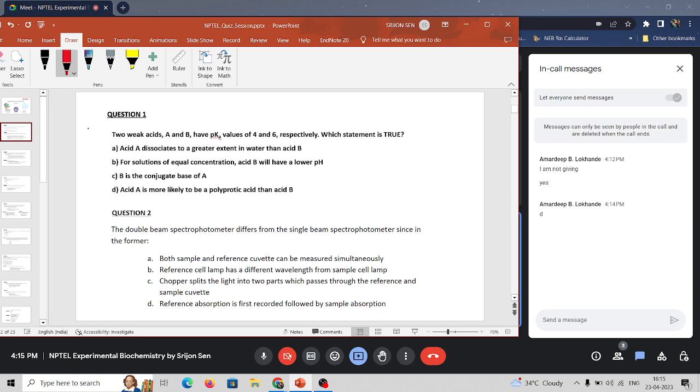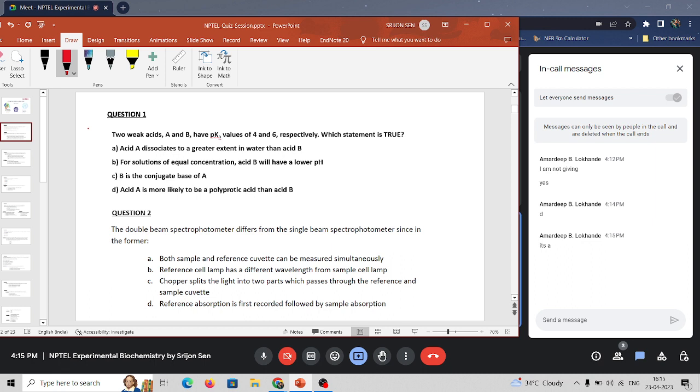Also, you do not know whether acid A or acid B is a polyprotic acid or not; no information is given, only the pKa value. So from the pKa value you can tell that the answer is A, because stronger acids dissociate faster than the weaker acids. Yes, so A is the correct option.